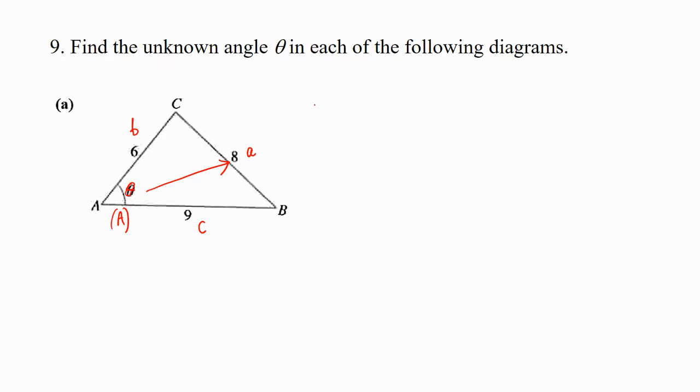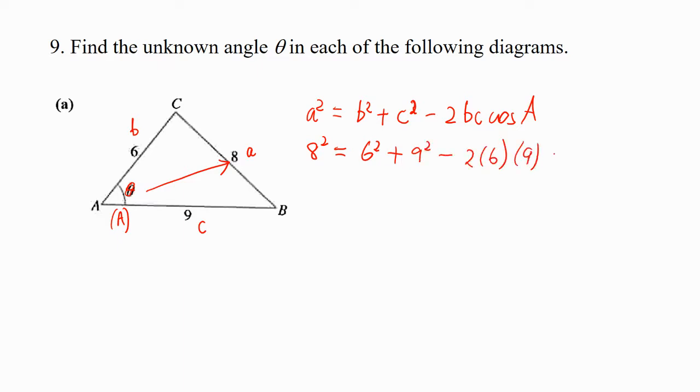So applying a squared equals b squared plus c squared minus 2bc cosine A, we can substitute all the values in. This is 8 squared. My b is 6, so 6 squared plus 9 squared minus 2 times 6 times 9 cosine A, which is theta.